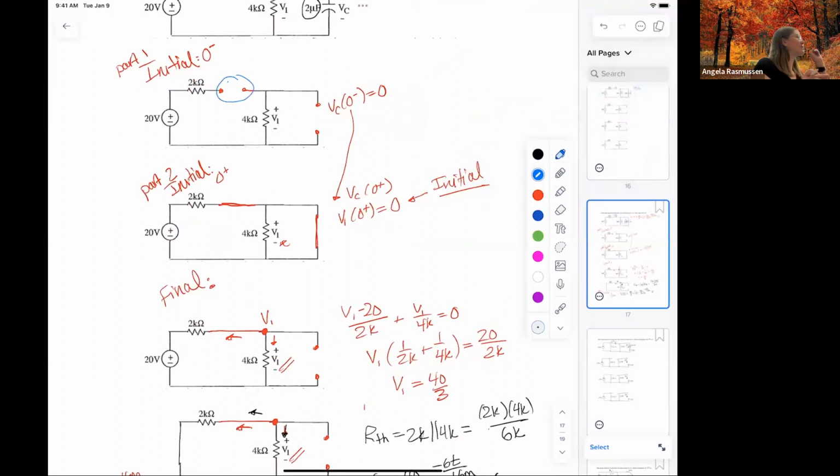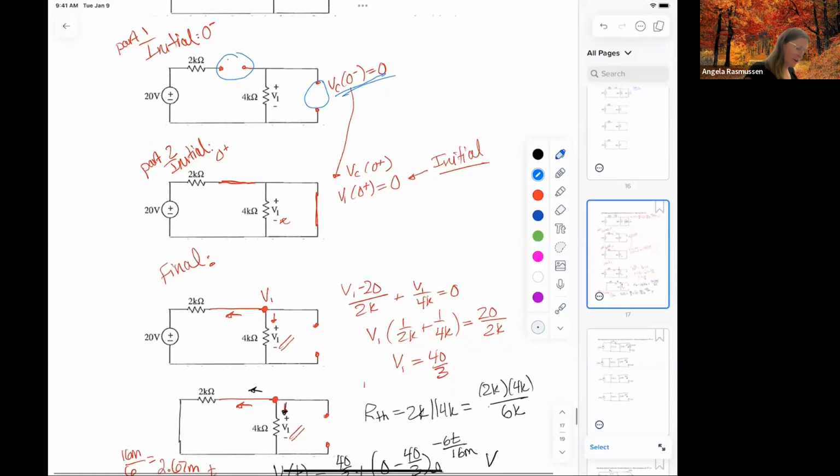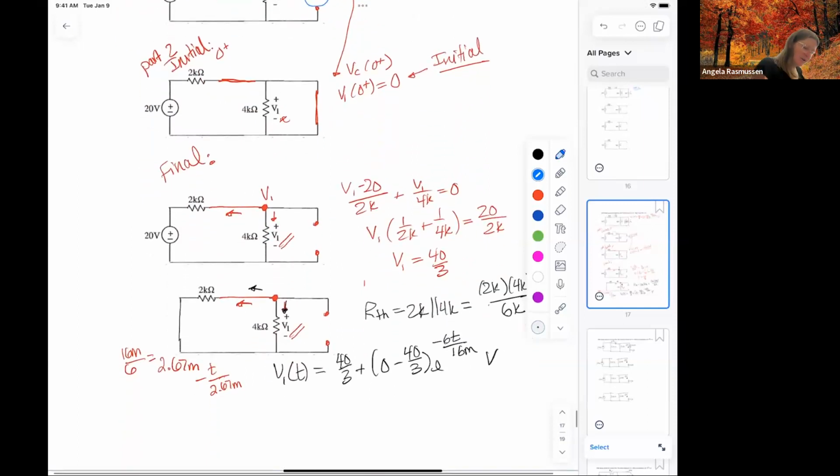Even though the switch changes right at t equals 0, you do it right before t equals 0. So that means it's going to be open, and after it's been sitting for a long time, the capacitor is open, so you have no current in there. So that's going to be your initial value.